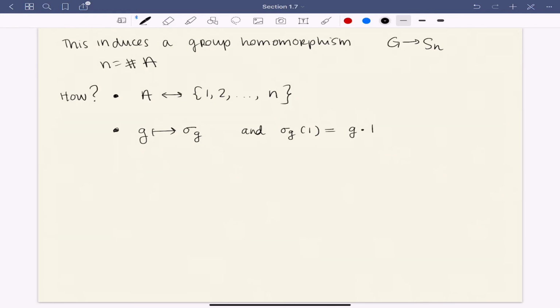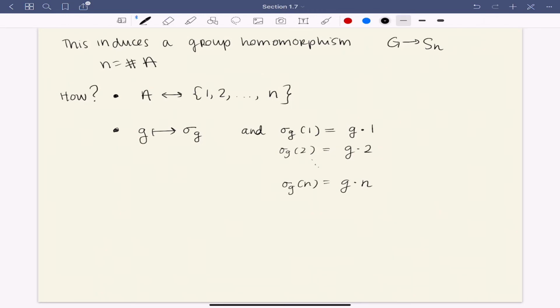If I think of the elements of A as just the numbers 1 through n, then when g acts on the first element, I get some other number. So the permutation in S_n is the permutation that sends 1 to that number, and so on. Sigma_g of 2 is wherever g sends 2, and so on. Sigma_g of n is wherever g sends n.